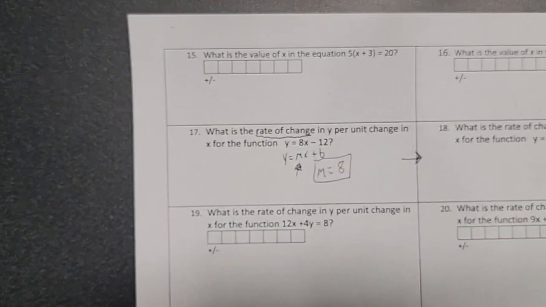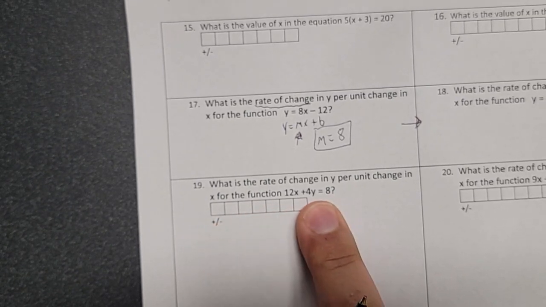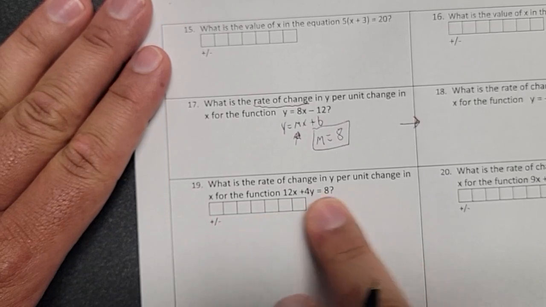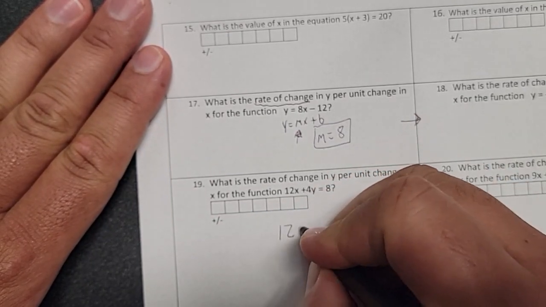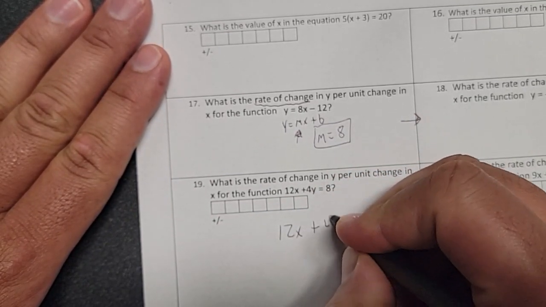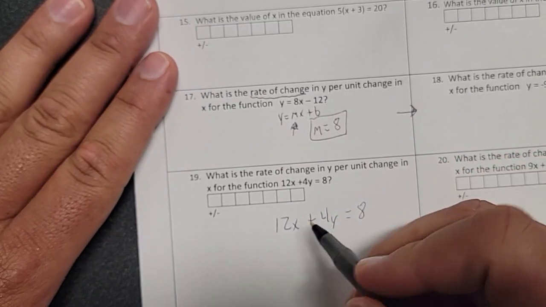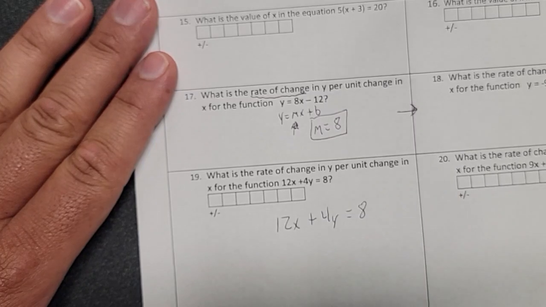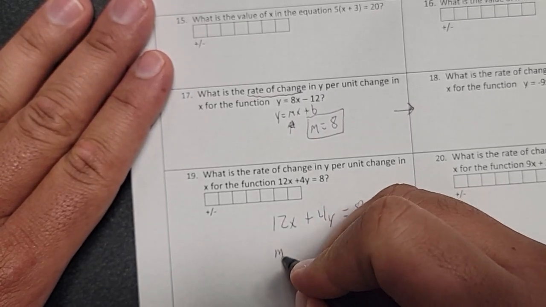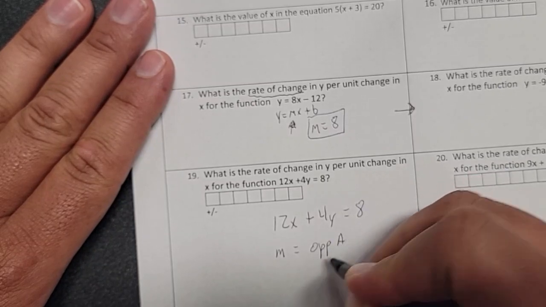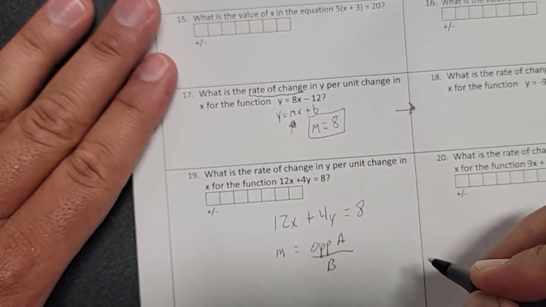All right, let's try one of the harder ones. What is the rate of change in y? All right, so we have this function right here. So I have 12x plus 4y equals 8. Now to find the slope, we can move it or we can use the formula. The slope formula is the opposite of the a number divided by the b number.